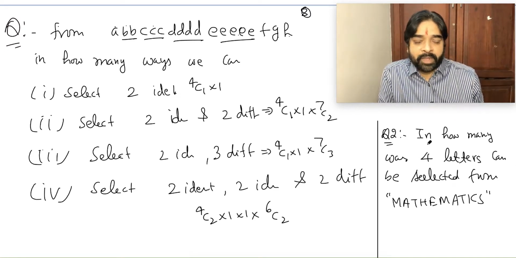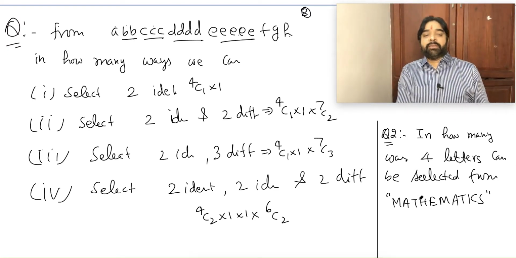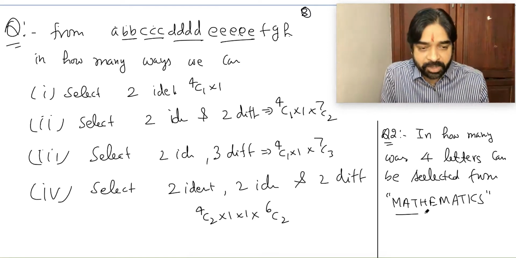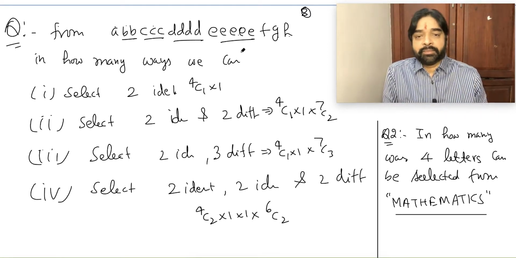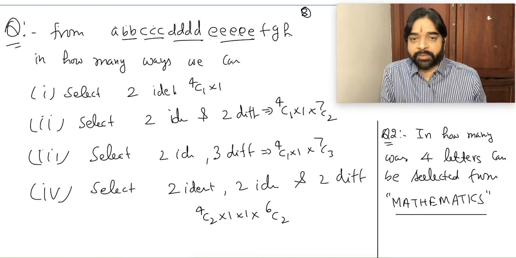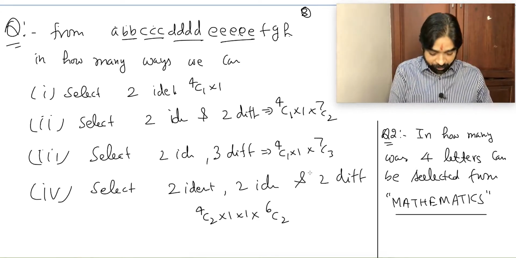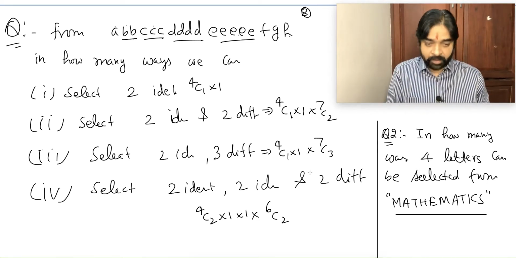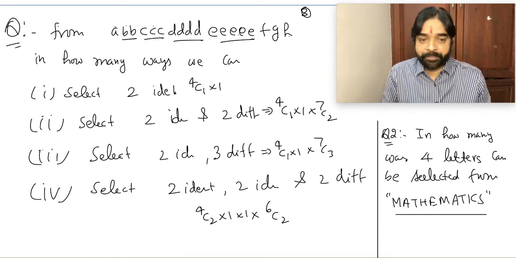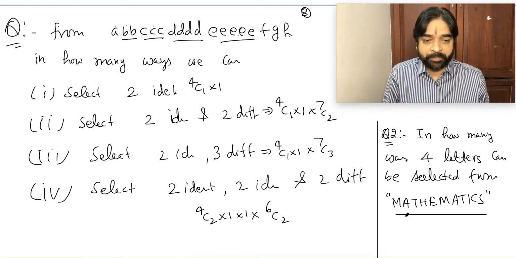Now, the next one was: in how many ways can 4 letters be selected from the letters of MATHEMATICS. Chaliye, let's do this one. For mathematics, what will we do first? We'll arrange it. We'll write the letters properly. M 2 times. A 2 times.